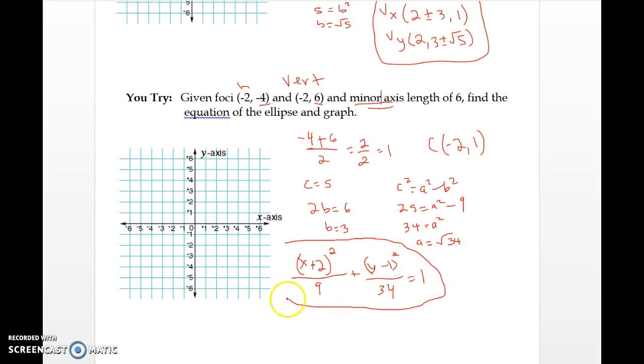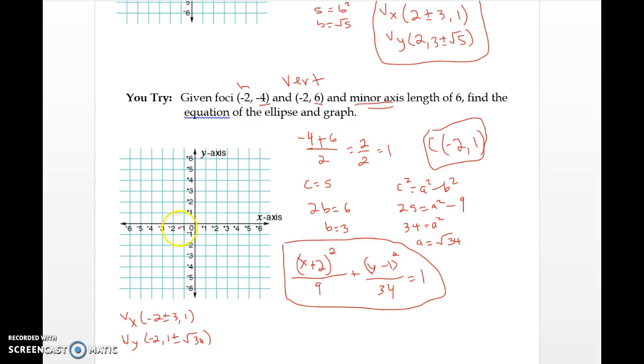We already found the center. Up here, I have to find my vertices. So V sub x is going to equal negative 2 plus or minus 3, 1. And my V sub y is going to be negative 2, 1 plus or minus the square root of 34.